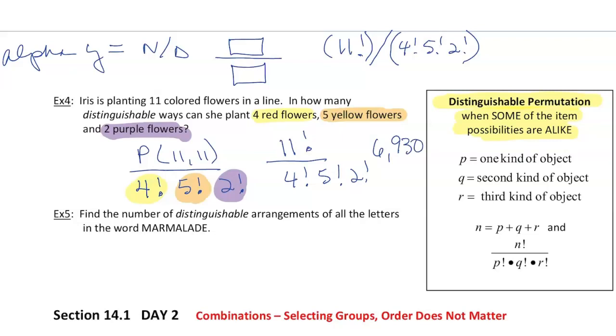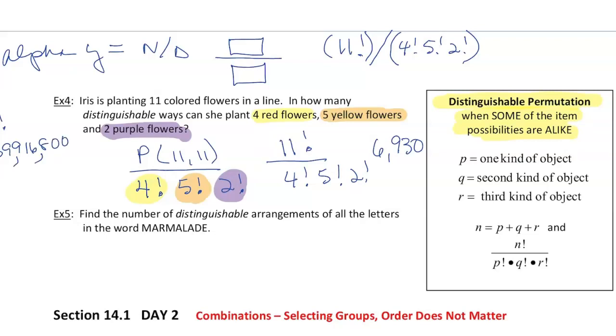Now, what if I had all different flowers? If I had all different flowers, what do you think is going to happen? Well, 11 factorial with 11 different flowers is a much, much bigger number. Okay, so that would have been 39 million plus.